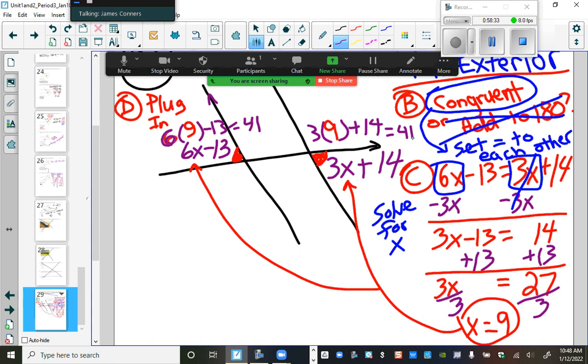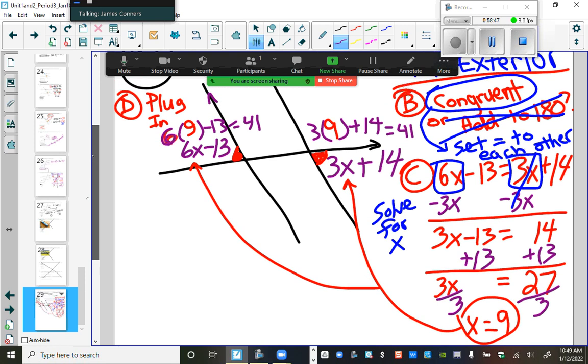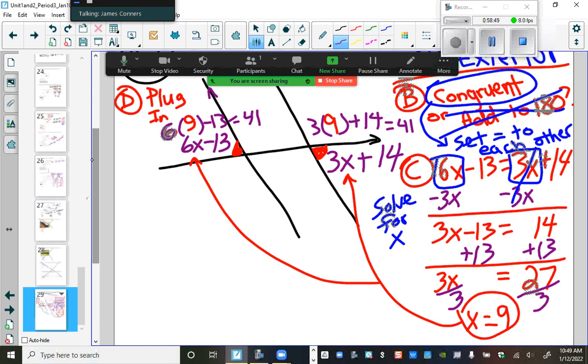Okay. I think we have time for two. All right, the only other thing I want to do real quick, on the very bottom, because I think the question now comes down to if they're congruent or add up to 180. That's, I think, the one final question.